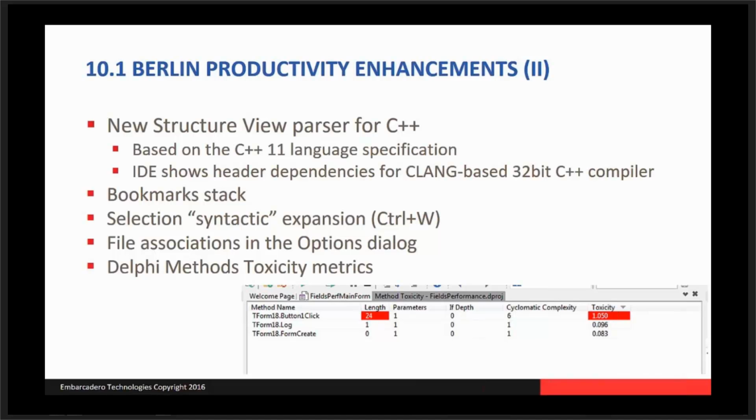There is a new structure view for C++ with a parser, which is actually based on the LLVM compiler engine. So it works properly in terms of the C++11 language specification. Also, the IDE shows the header dependencies for the Clang compiler. There is a new bookmark stack management. There is selection expansion, a keyboard shortcut that basically selects the current element from a syntactic point of view. I'm going to show you a demo in a second.